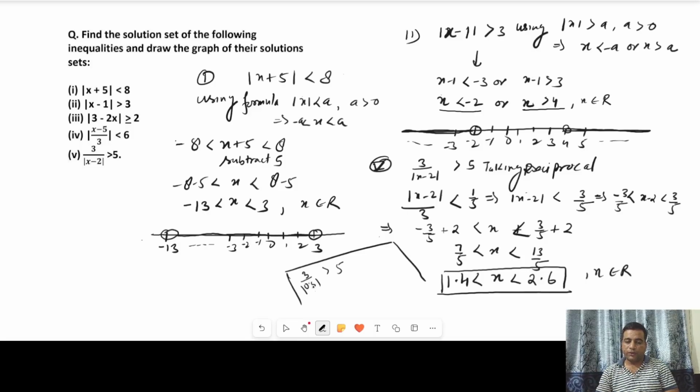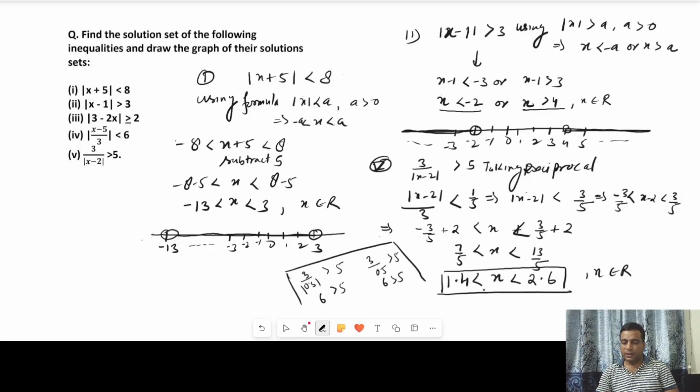So 3 upon 0.5 means 6. It is greater than 5. Now let me take 2.5. So 3 upon 2.5 minus 2 is also 0.5, and it is also greater than 5, because 3 upon 0.5, 6, is greater than 5.